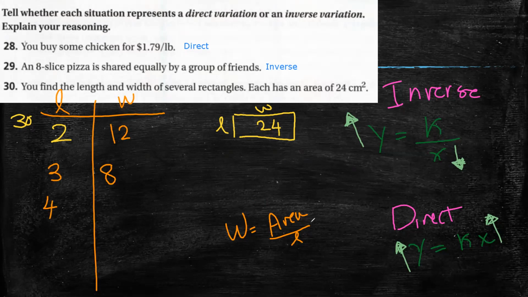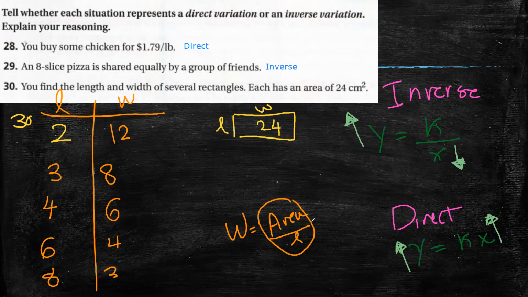If the length is 4, what will the width be? 6. If the length is 6, what will the width be? 4. If the length is 8, what will the width be? 3. Bravo. How did you know the width? By dividing the area over the length. Is it clear?